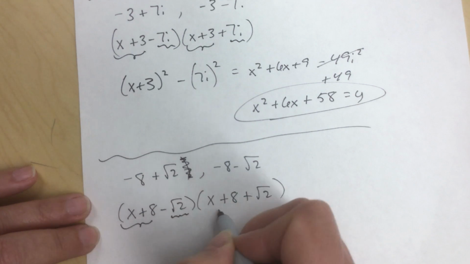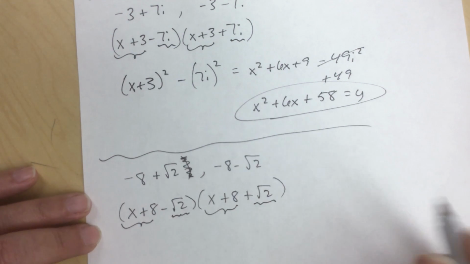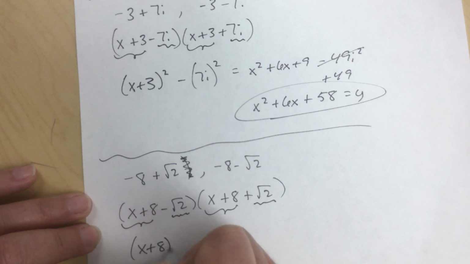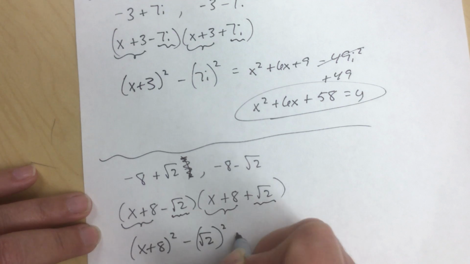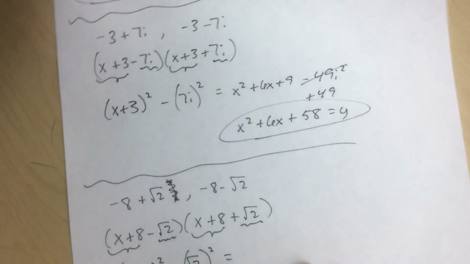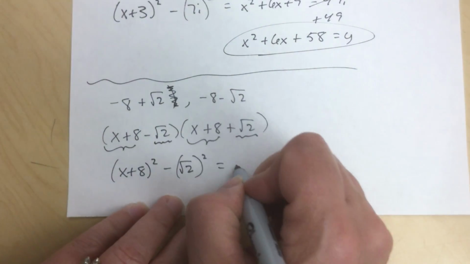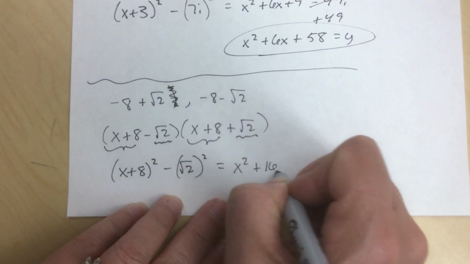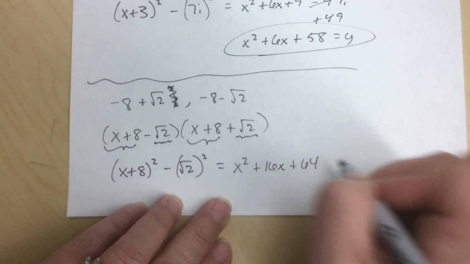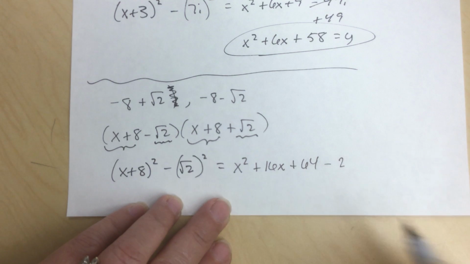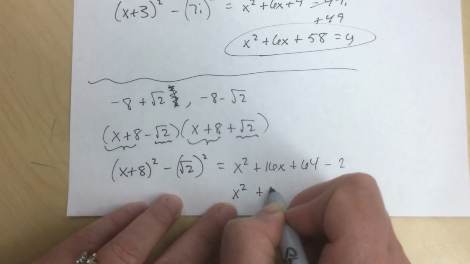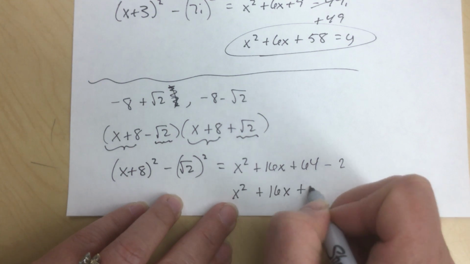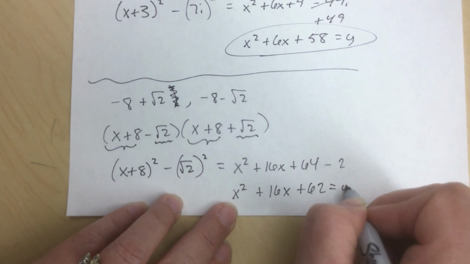First thing, second thing, first thing, second thing. First thing squared minus the second thing squared. First thing squared is x squared plus 16x plus 64 minus 2, because radical 2 squared is 2. So that's x squared plus 16x plus 62.